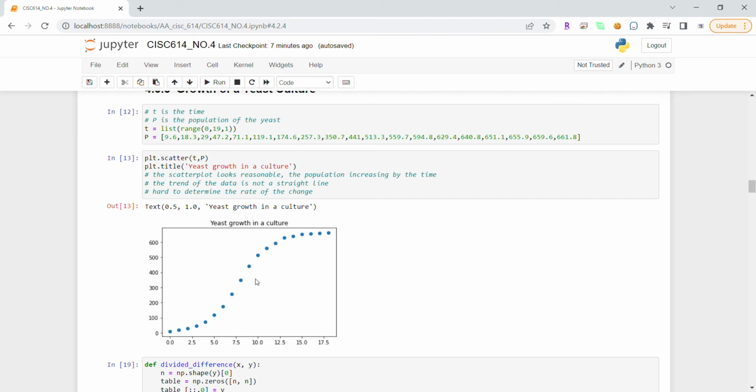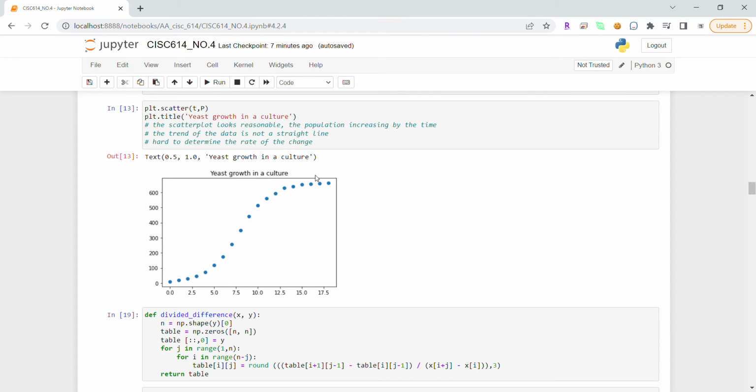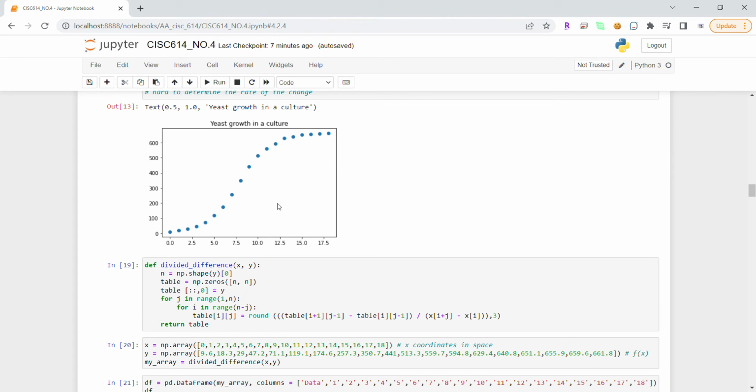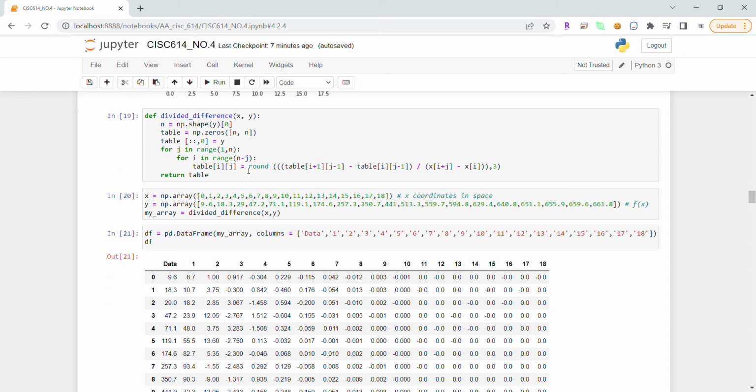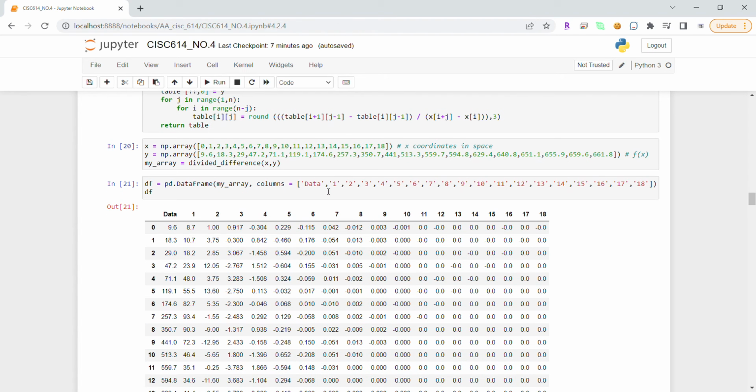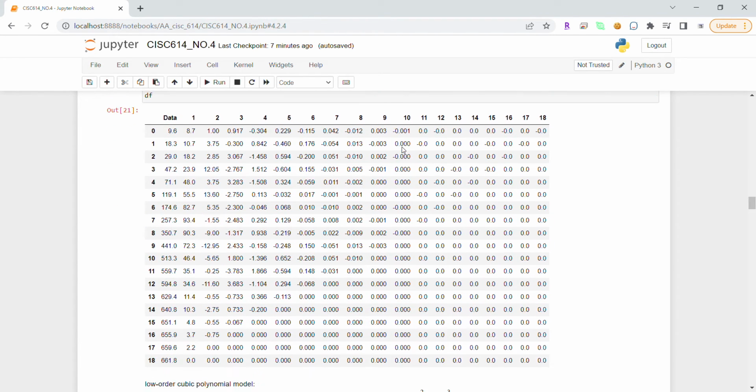The population is increasing with time, but the trend of the data is not a straight line, so it's hard to determine the rate of change. So I created a divided differences table with this function, and then we input the data, and we got this divided differences table.